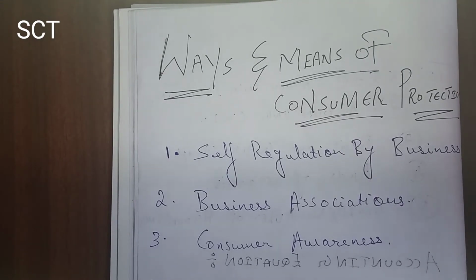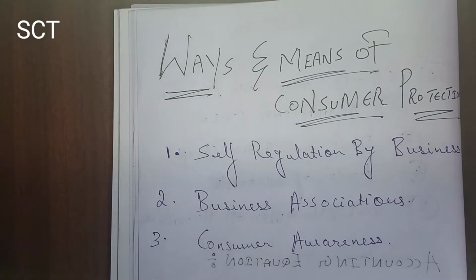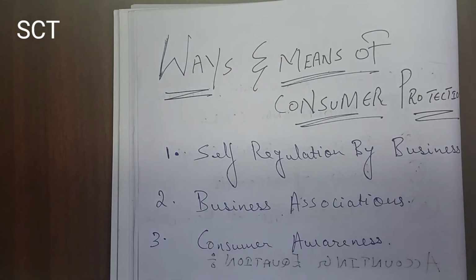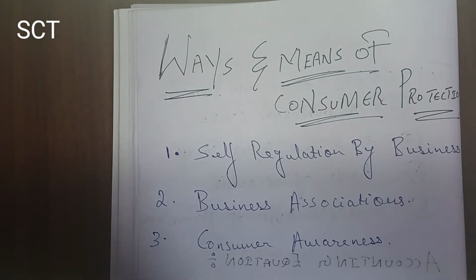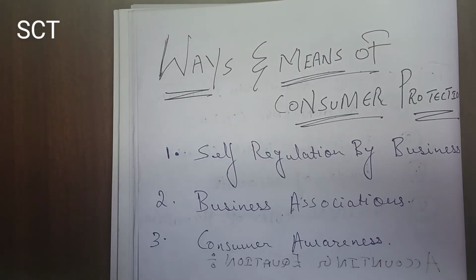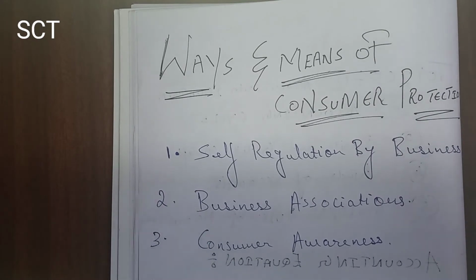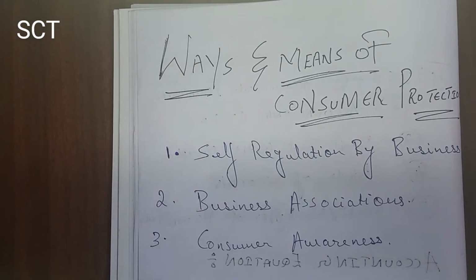In order to survive in the market for a long term, it is very important to satisfy the customers. And socially responsible firms who strictly follow moral rules and ethical standards never try to exploit the customers and never adopt unfair trade practices for the purpose of earning high profit.